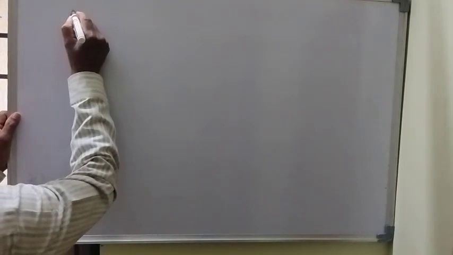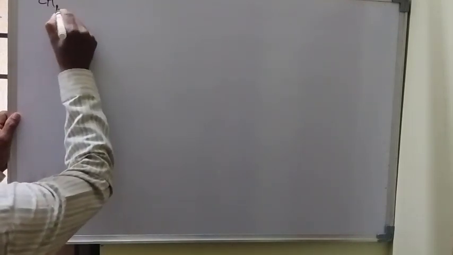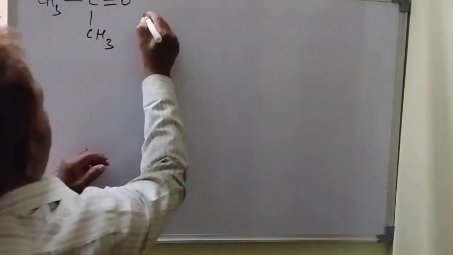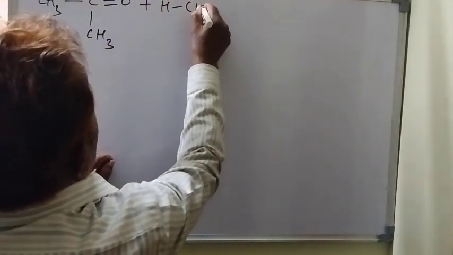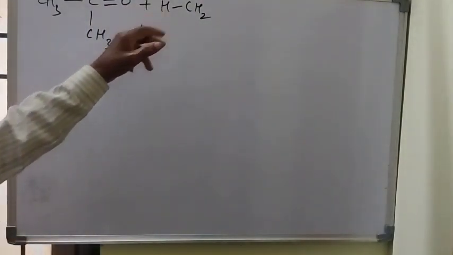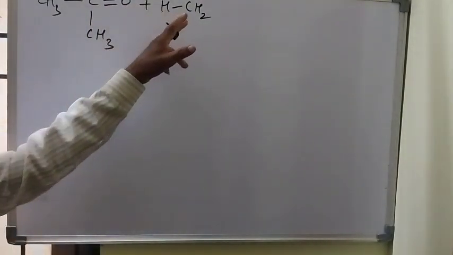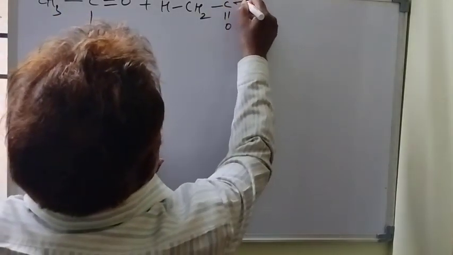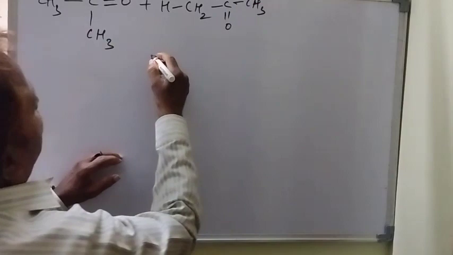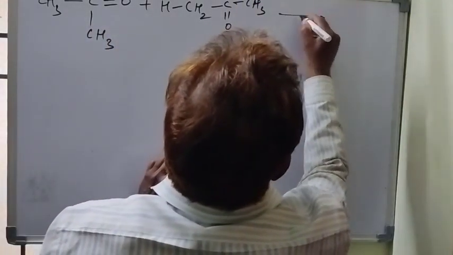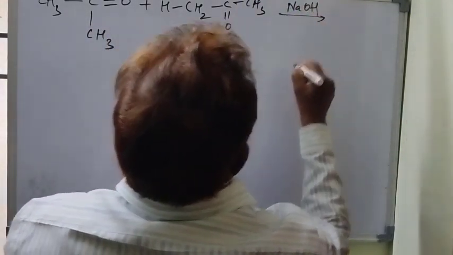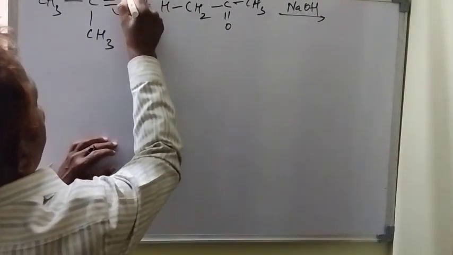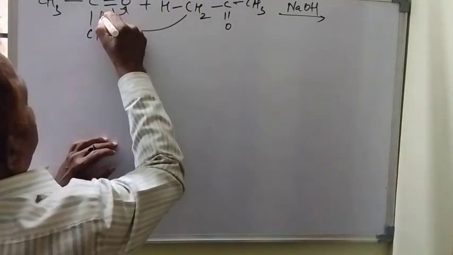Now let us take one more example with a ketone. So this is CH3 C double bond O CH3 plus H CH2. So this is also an acetone molecule, but for understanding the bond shifting we wrote it in this manner. So in the presence of dilute alkali NaOH, this bond shifts here, this hydrogen attacks here, and this comes and attacks.